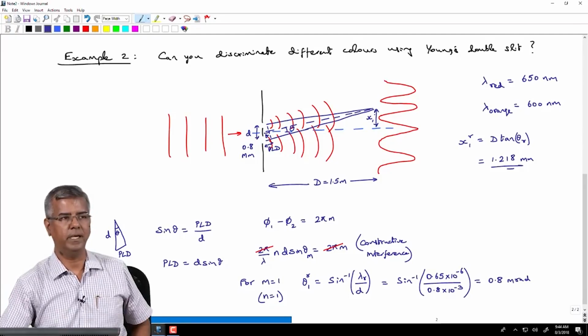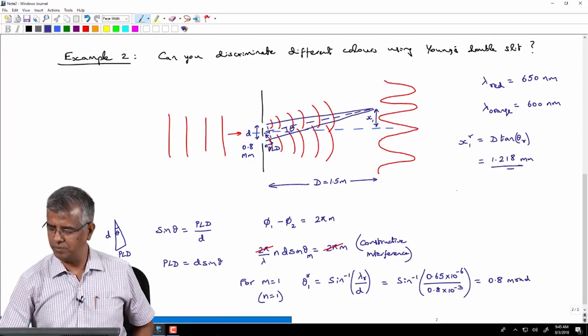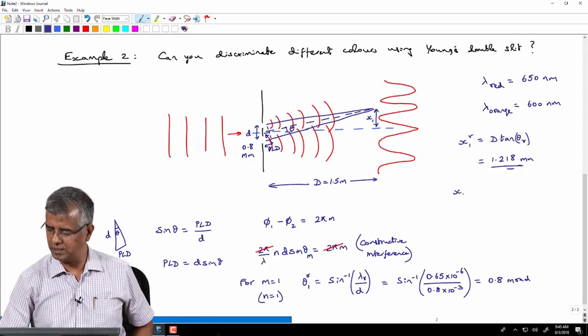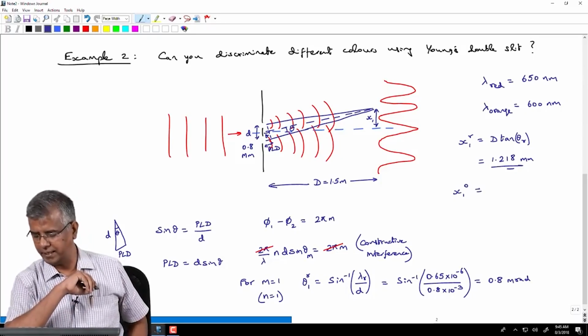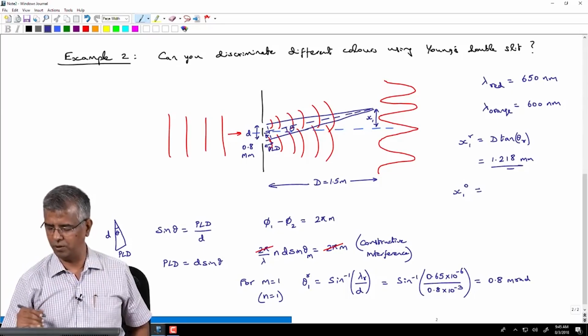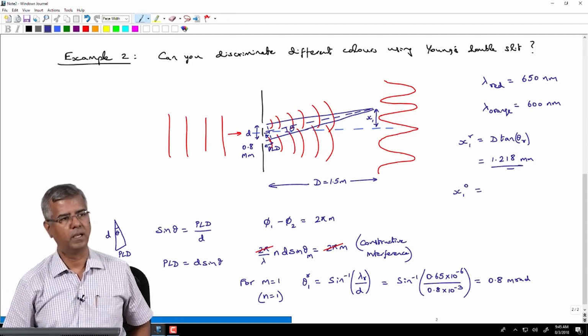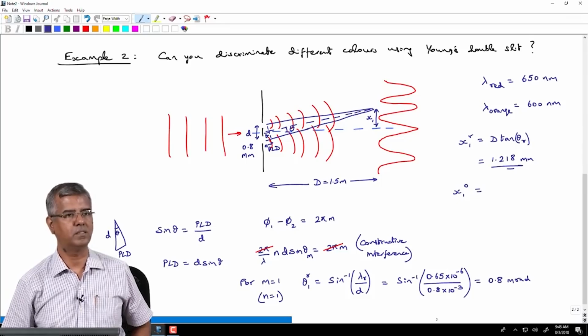So, the first maxima for the red color appears at a distance of 1.218 millimeters from the optical axis. Okay. Now, if I do the same thing for orange color, I find theta 1 for orange, which is sine inverse of lambda over d, where lambda is 0.6 microns, right.